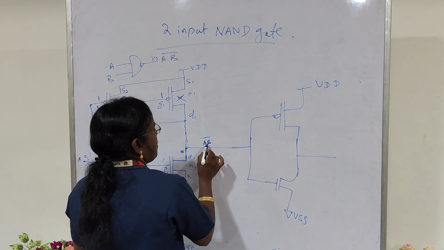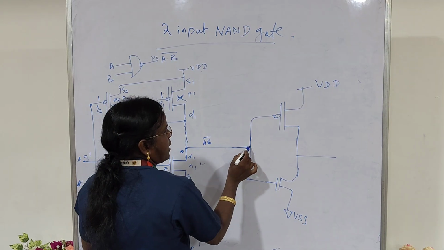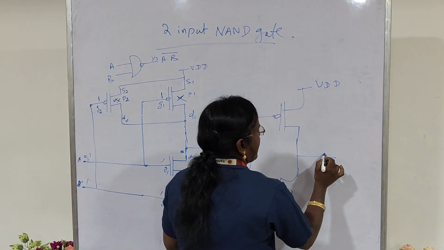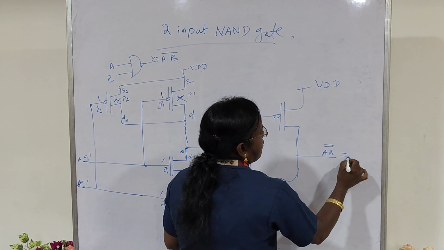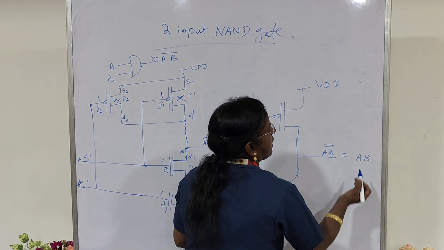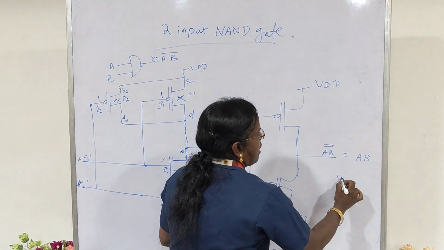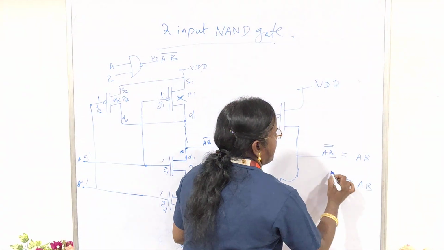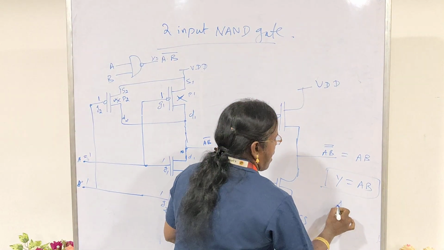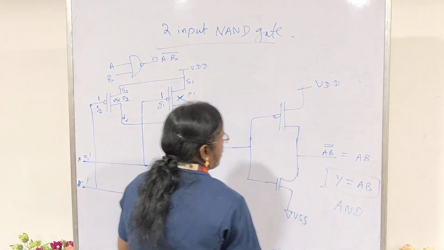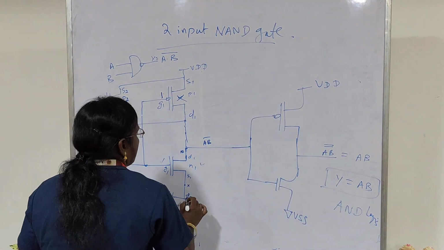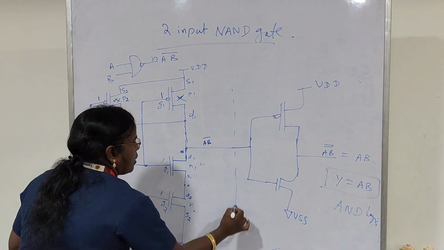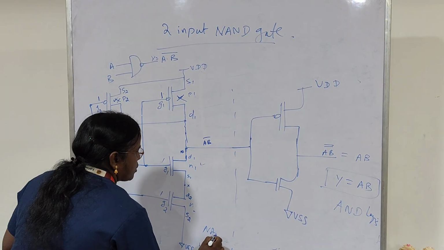Now AB the whole bar is applied as the input. What will I get at the output terminal? AB double bar. The double inversion gets cancelled, so I am getting AB as output. So here my output Y is equal to AB, which is the function of an AND gate. So this is the AND logic, and this function is the NAND logic.